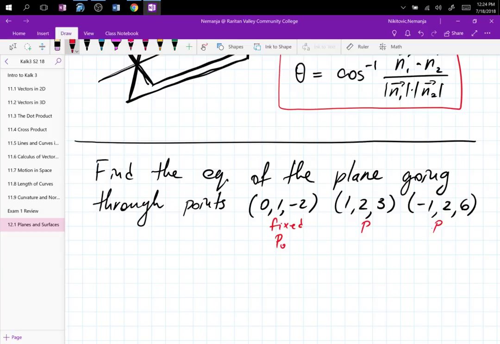So your job is to find the normal vector. You do the pairs, you will get two vectors, so you can call them P0P, P0R, or whatever. Then you do the cross product of those two vectors to come up with the normal vector, and there is your equation of the plane.